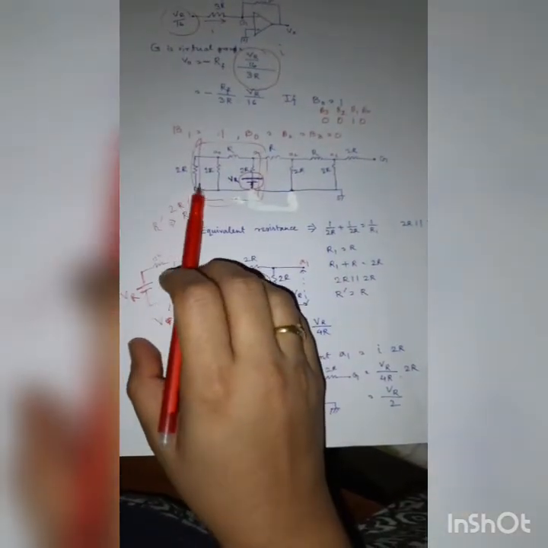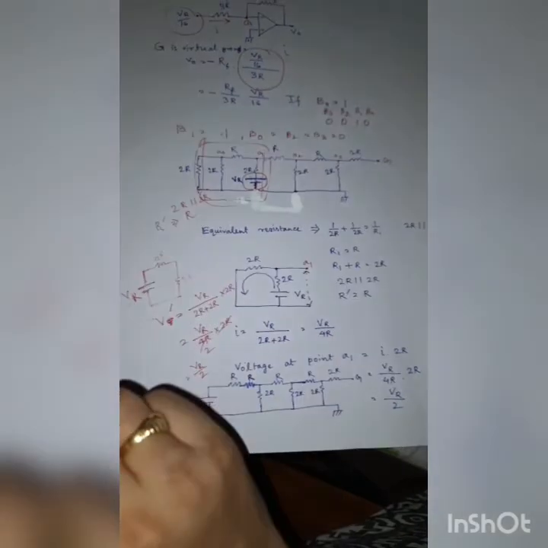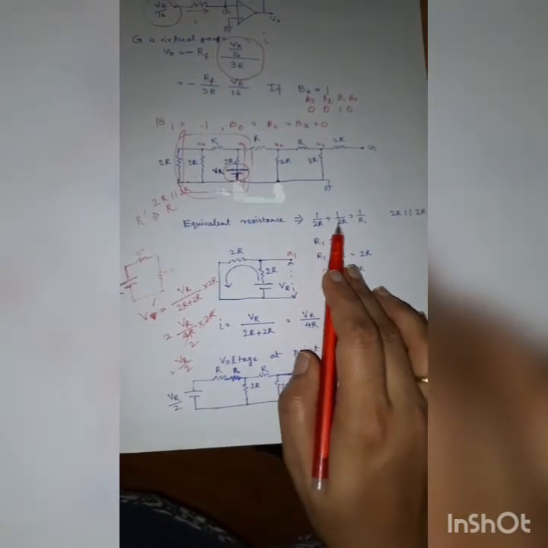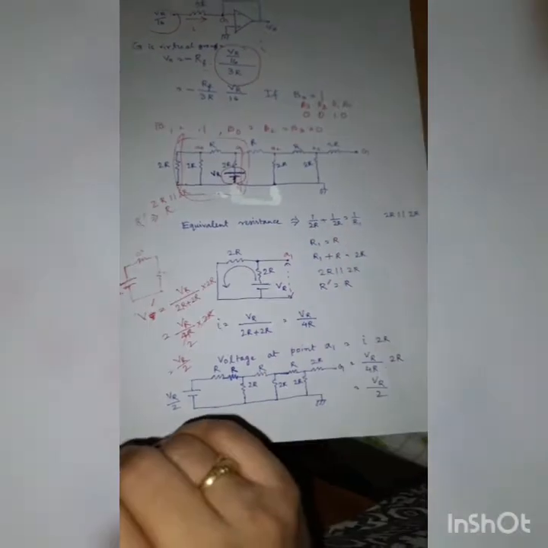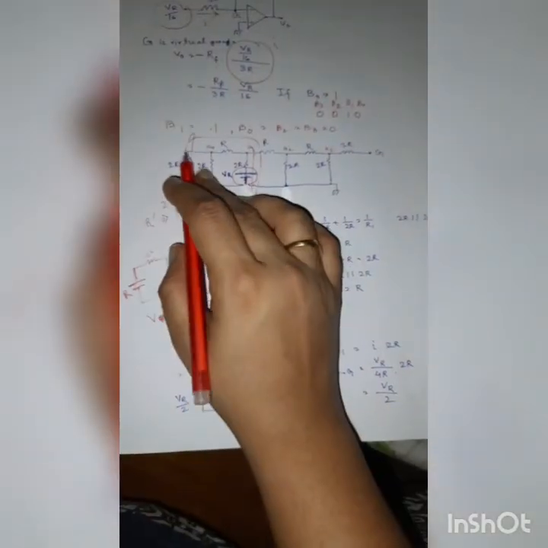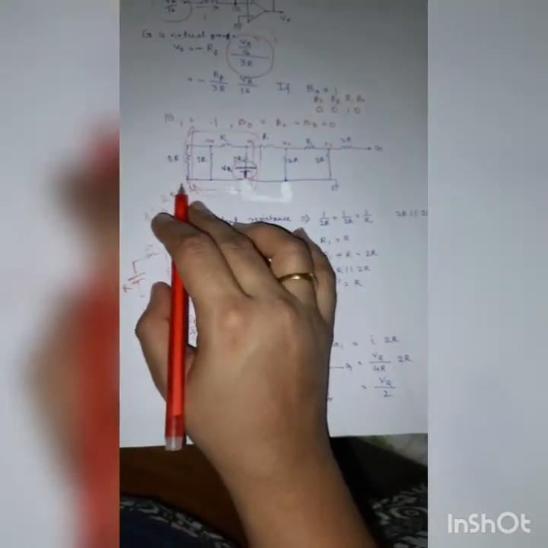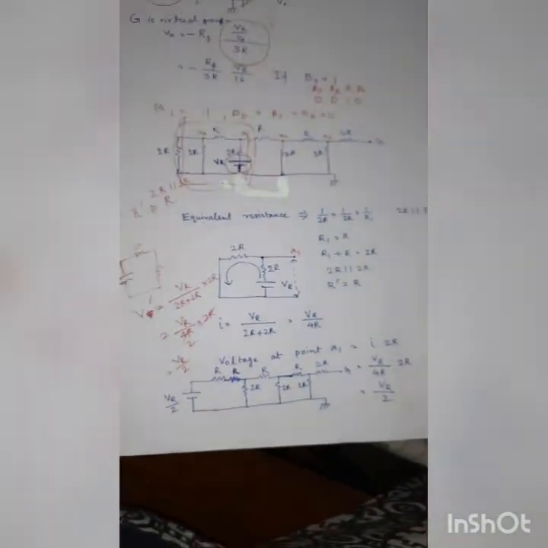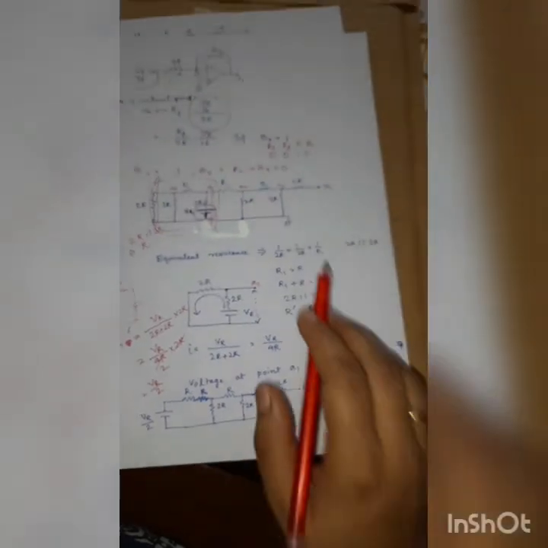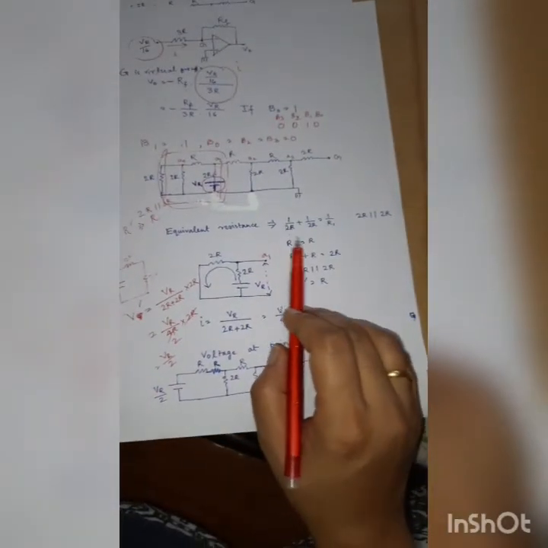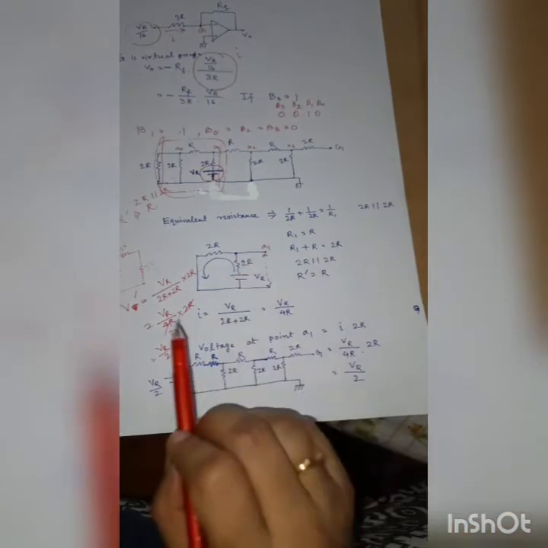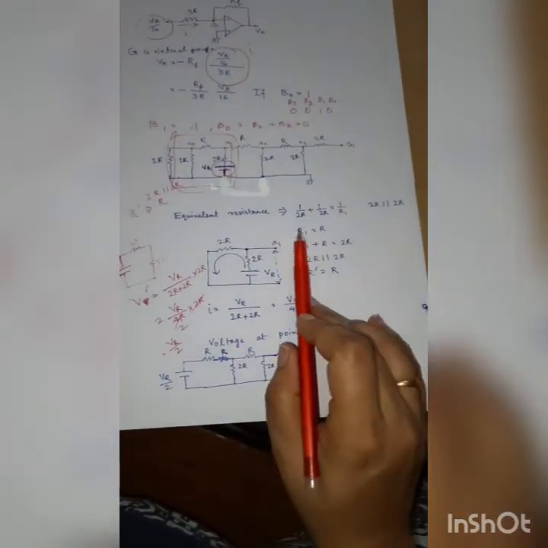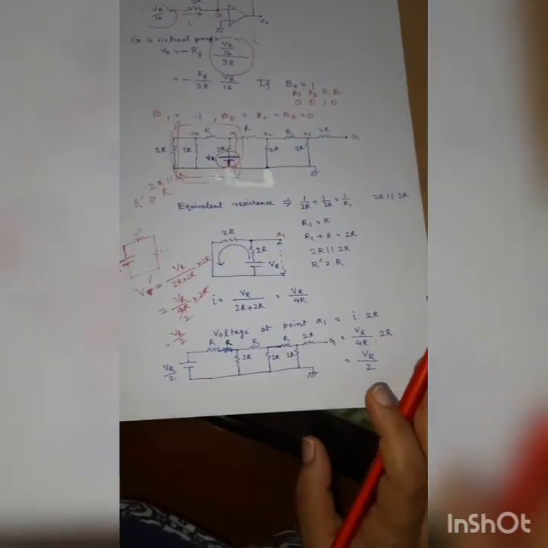For this two parallel connection, 2R and 2R, 1 by 2R plus 1 by 2R equals 1 by R dash, or R1. We assume that for this part of the circuit the equivalent resistance is R1. So what will be R1? This is 2R and 2R in parallel, so from the previous calculation, we already know that R1 will be R, right?